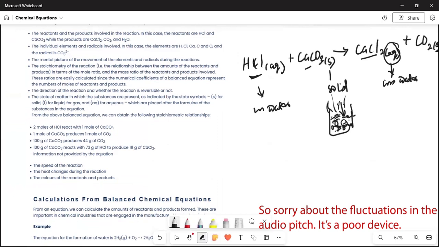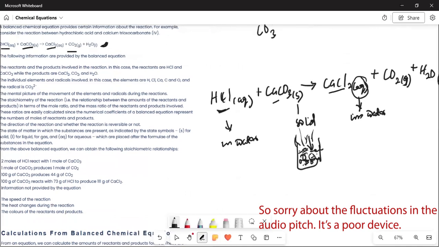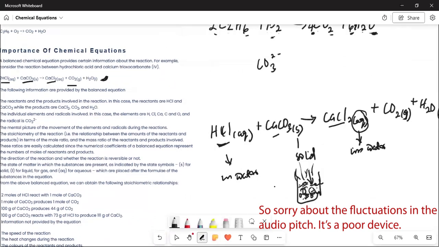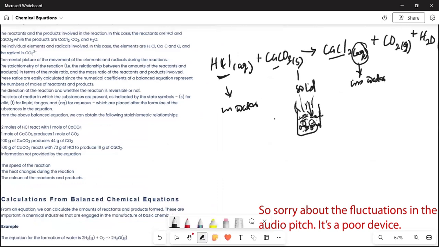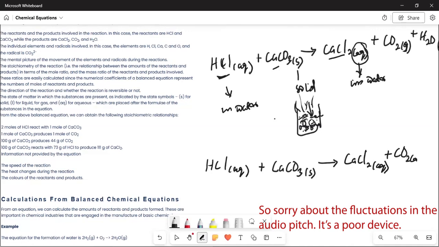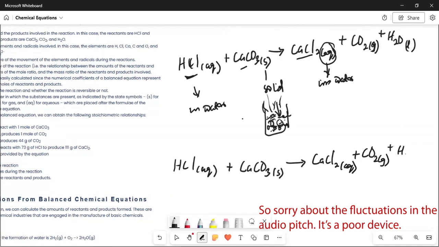Okay, let's first of all balance the equation before I talk about that. I have already messed it up there. Let me rewrite it again. So HCl aqueous plus CaCO3 solid, giving us CaCl2, which is aqueous also, plus carbon dioxide, which is gas, plus H2O, which is liquid.